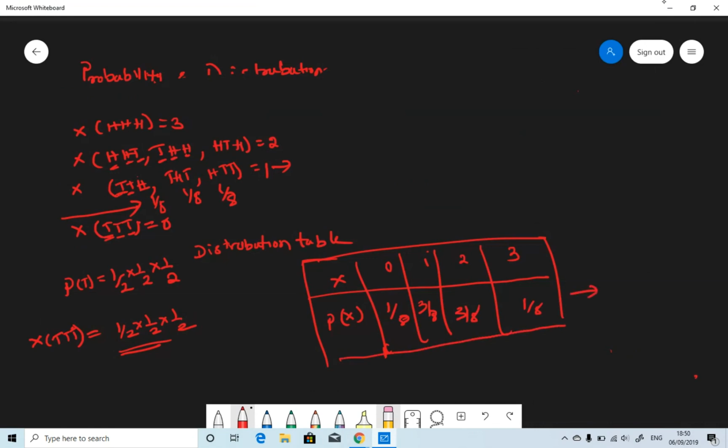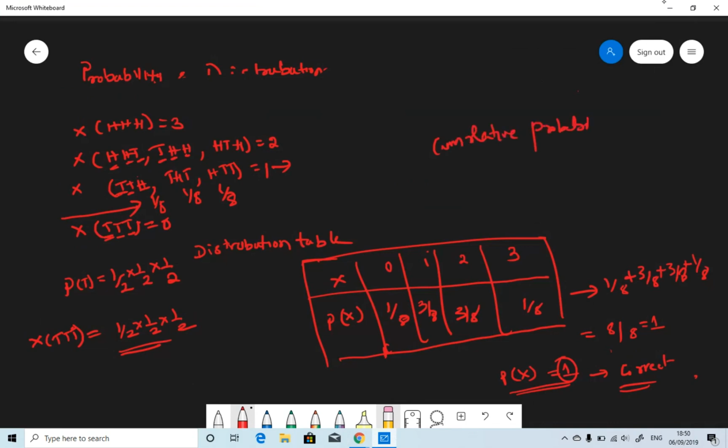When you do the sum, the cumulative probability will be 1.